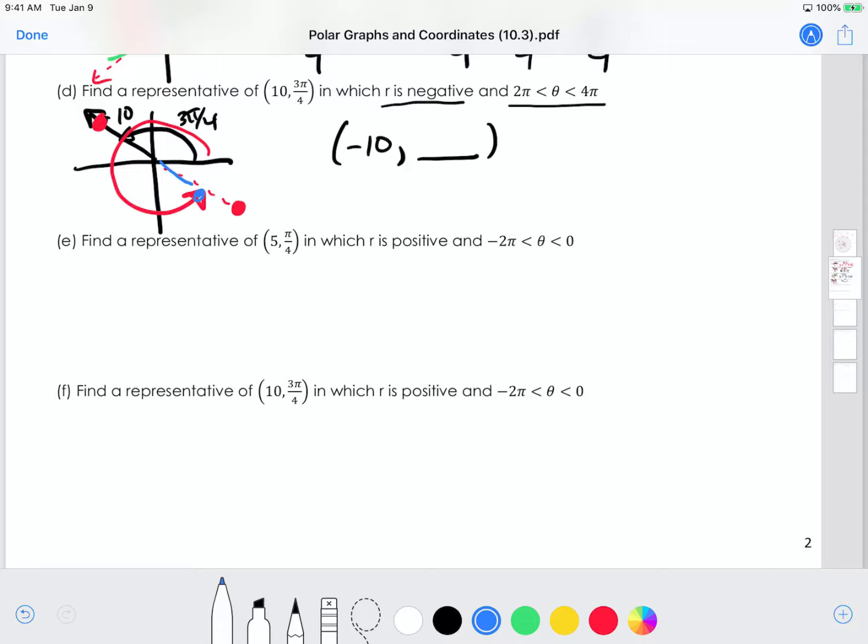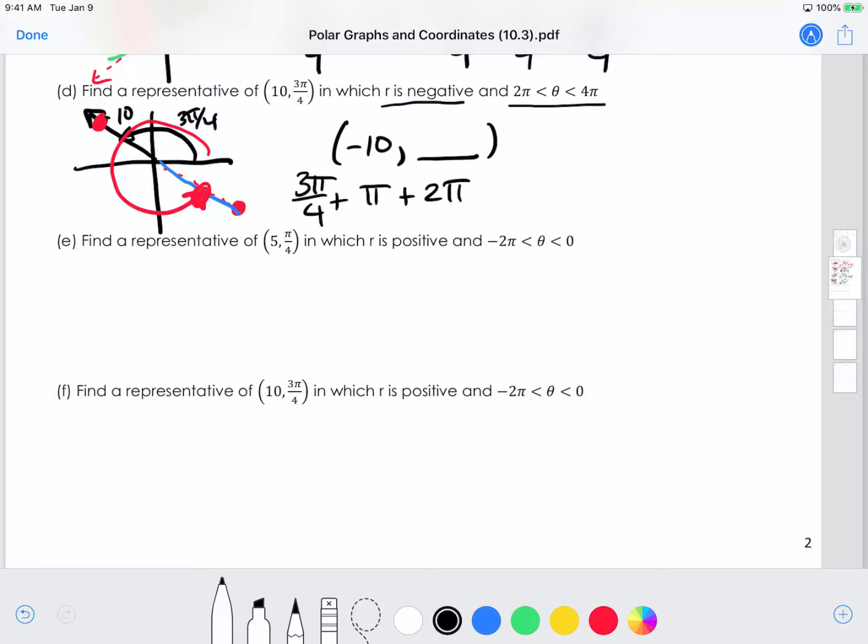So I got to first find out what this angle is, and then add a whole nother 2 pi to that. So I'm going to take my 3 pi over 4, and I'm going to add pi so that I land here. And then I have to add another 2 pi in order to make it on the second rotation.